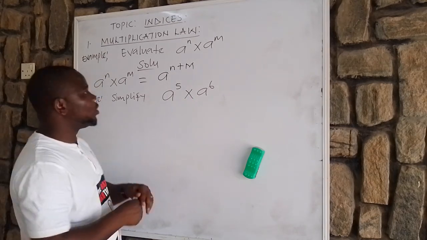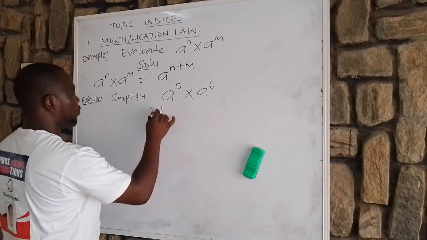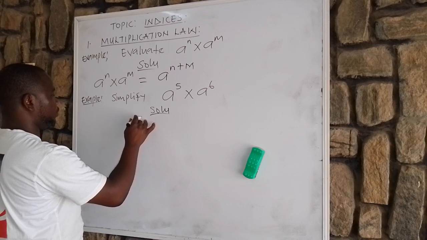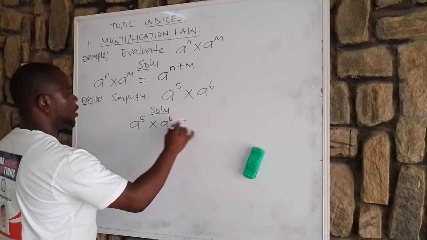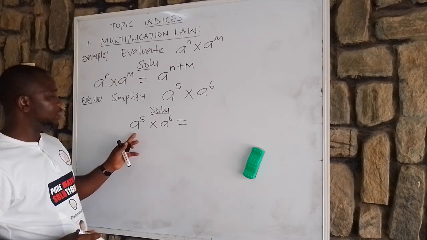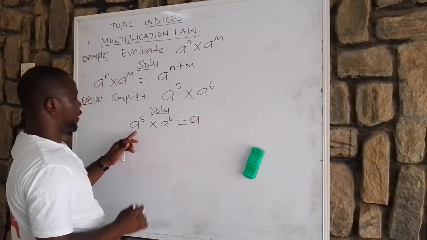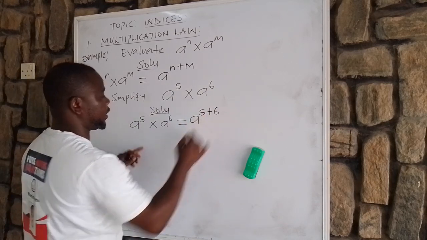So you consider the multiplication law, that is a raised to the power of 5 times a raised to the power of 6, which means, since the bases are the same, we pick one of the bases, a raised to the power of 5 plus 6.